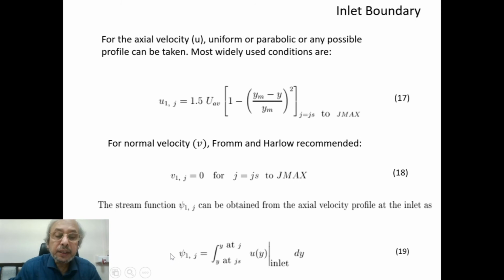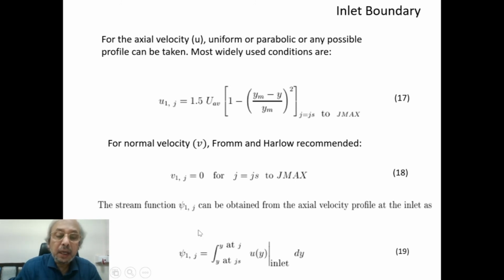Here again, psi at I equal to 1 for different j's, j equal to 1, j equal to 2, j equal to 3, j equal to 4, up to j max. Rather, j equal to js to j max, we will integrate from y equal to js to the specified j. Whatever is the value of j, j equal to 3, j equal to 4, up to that specified j, we will integrate the velocity profile and find out the stream function for the entire inflow plane.